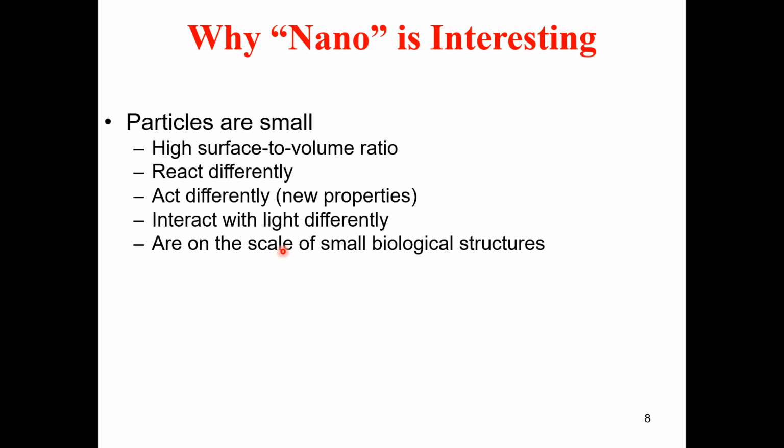So we have a question in mind: does the scale of small biological structures also affect their properties? Definitely yes. The properties of biological structures also change. If we have smaller biological structures, their properties are far different from those at the larger scale.